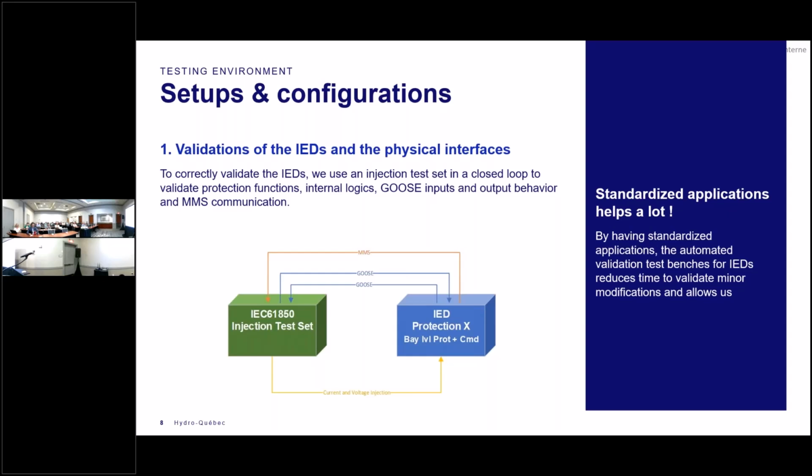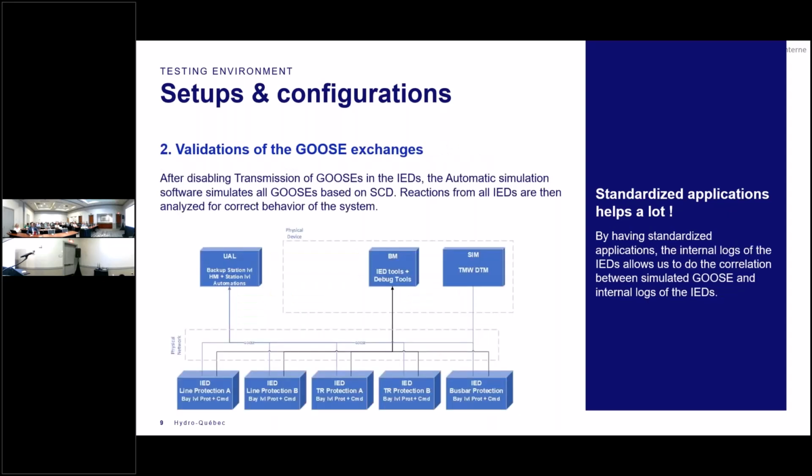The second setup, so if you can change slide, was the GOOSE exchange across the different IEDs. So now it comes more on the 61850 interactions. With the GOOSE, most of it was across the IEDs and with the UAL. So we used the Triangle Microworks in order to subscribe to the different GOOSE and publish the different GOOSE, with specific scripts that were based, I think, on Java.